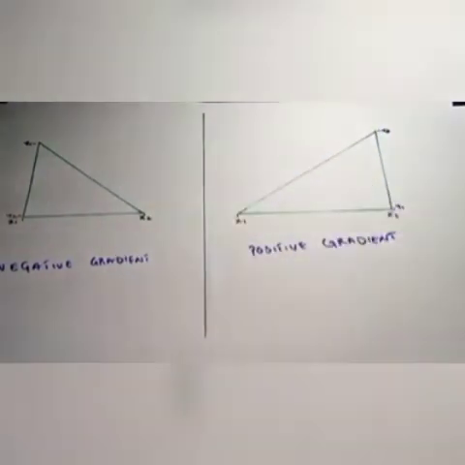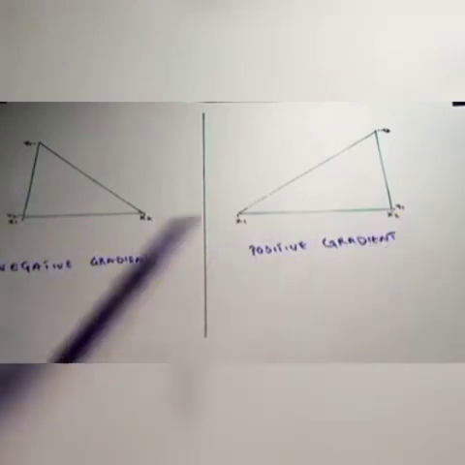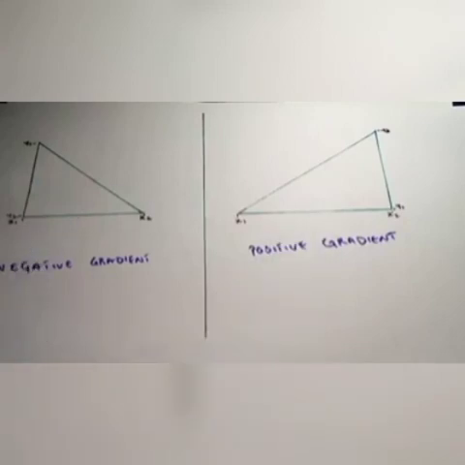So these are important things you need to know. Then x1 and x2 actually stay the same between the two gradients. The point of gradient is for you to find the slope.